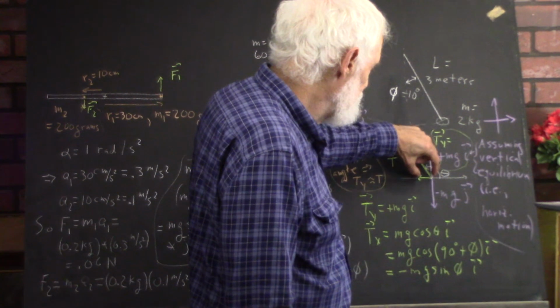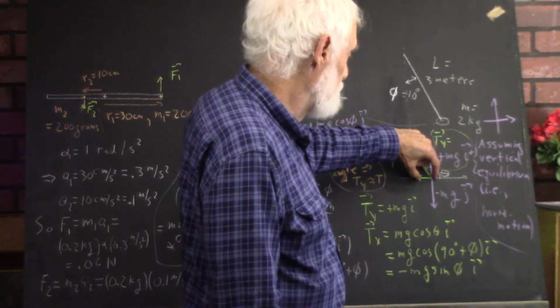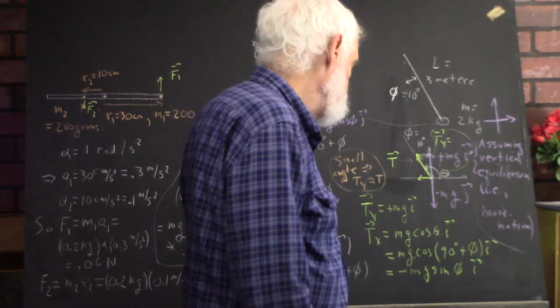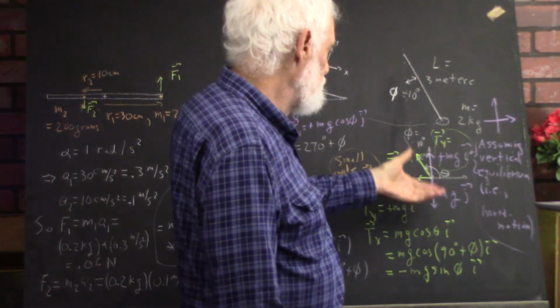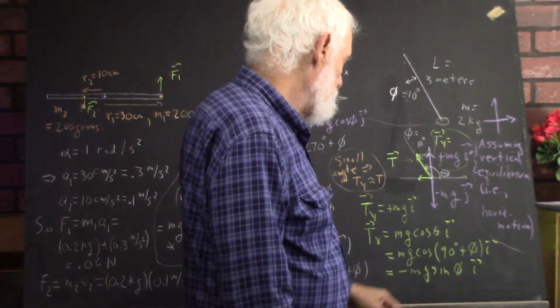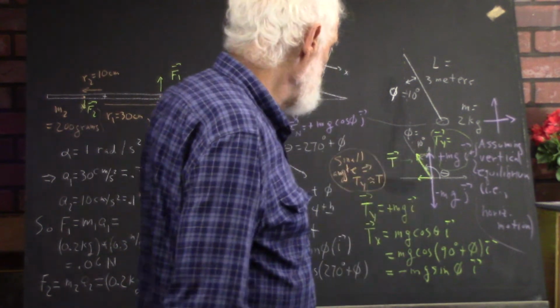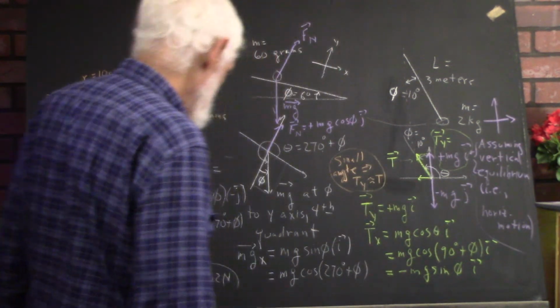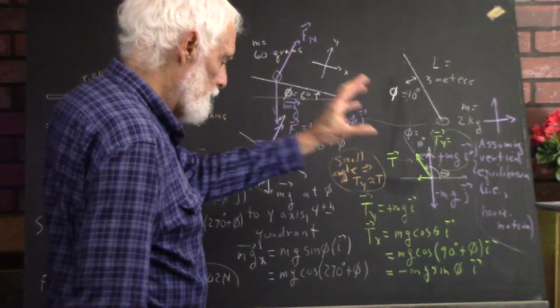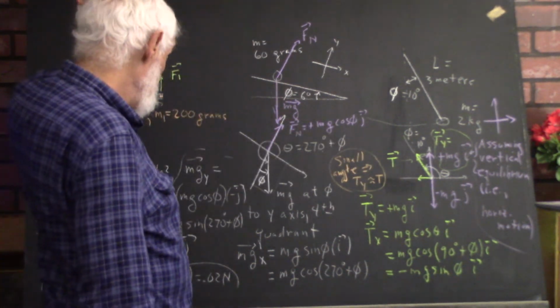This is congruent to this, and it's got a magnitude that's equal to the tension times the sine of phi. So we have this, we have this. Anyhow, there's your diagram, and we'll do a lot more with that. We want to understand the angles and components with that diagram.